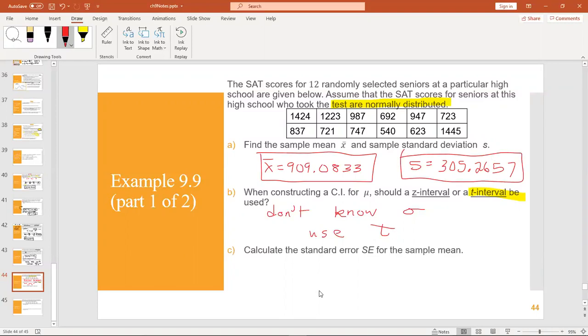We already did this. Calculate the standard error. So that's going to be S over the square root of N. That is what standard error equals. So S is right there, 305.2657. We're going to divide that by the square root of 12.